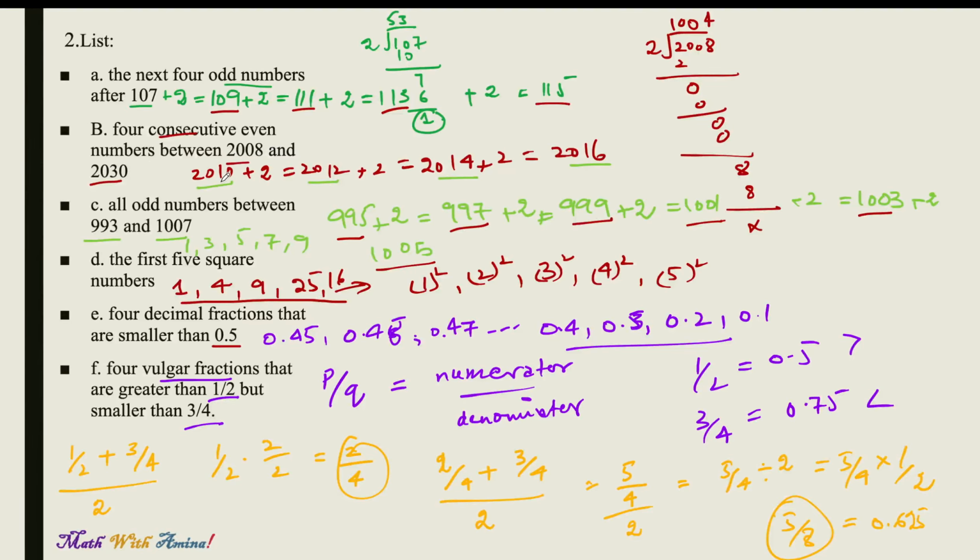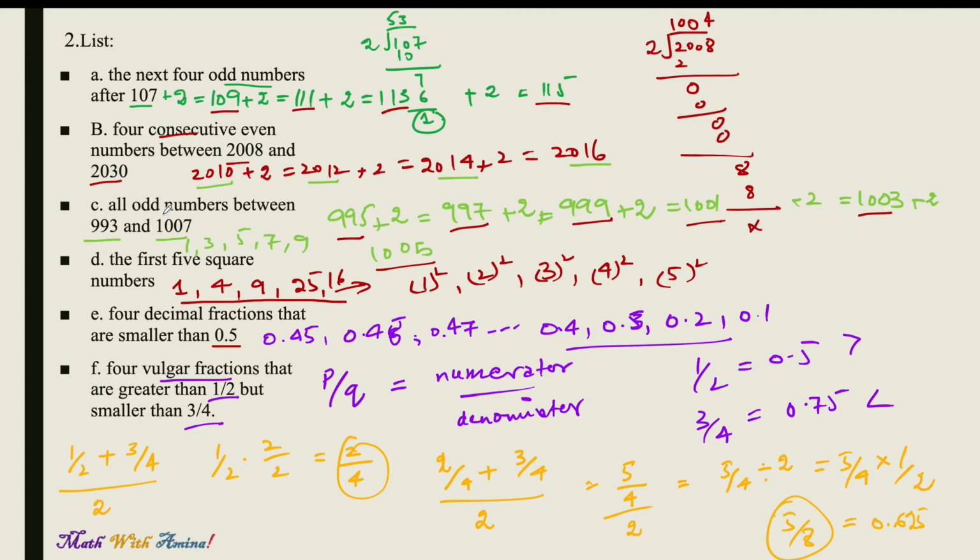So we have to find again, from the already existing even number, we have to add 2 integers to it, so we get 2010. Then adding 2 integers, we get 2012. Adding 2 integers to the already existing even number, we get our next even number, that is 2014, and then 2016. These are the 4 consecutive even numbers between 2008 and 2030.